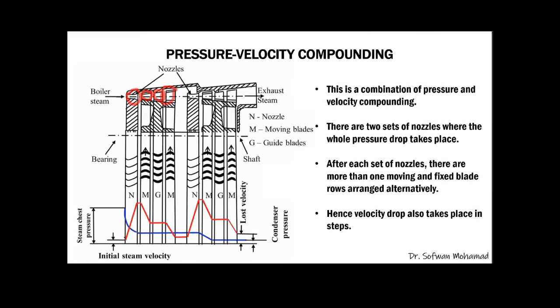So inside the nozzle there will be a pressure drop, and then inside the moving and the guide blades the pressure will be constant, while the velocity is increased inside the nozzle and then decreases inside the moving blade, is almost constant in the guide blade, and decreases again in the moving blade.